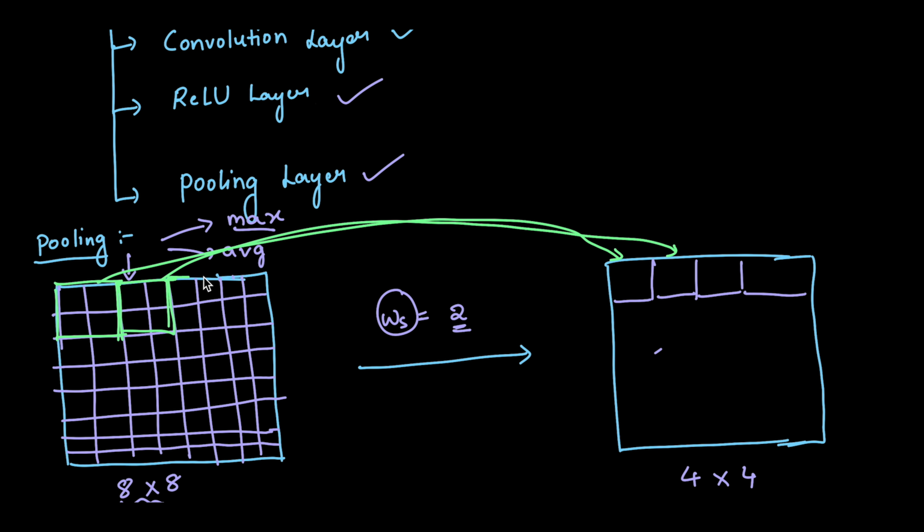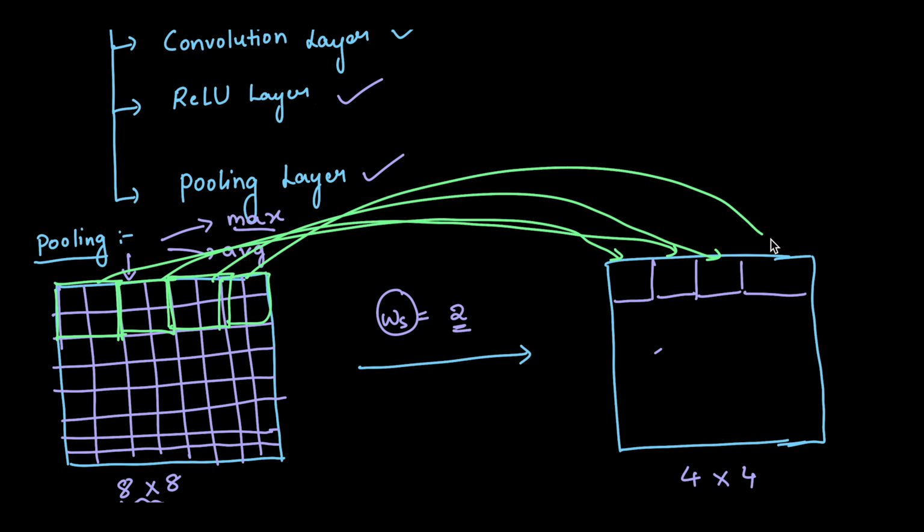Then again a 2 cross 2 part will be placed over here, and again the last 2 cross 2 part will be placed over here. After this, we'll again start from this point, as we move on by 2 rows, and like that we'll cover the whole 8 cross 8 feature map and get an output of 4 cross 4. So I hope this is very clear.